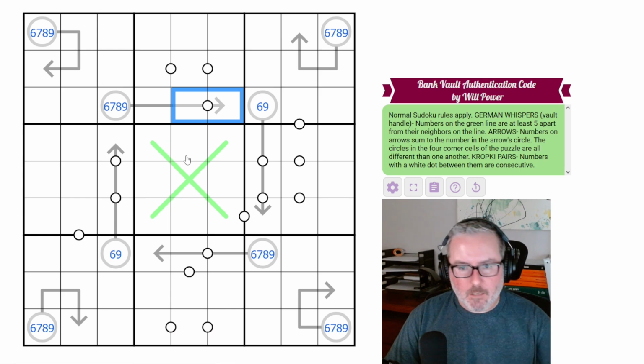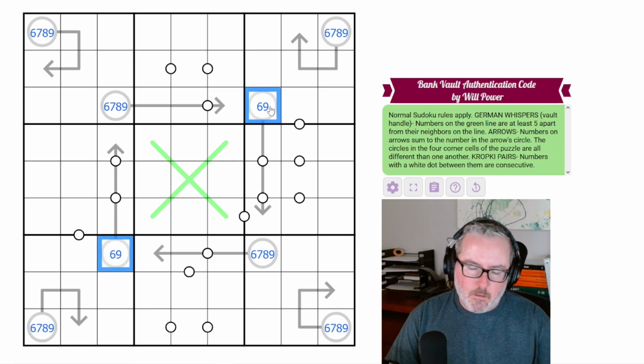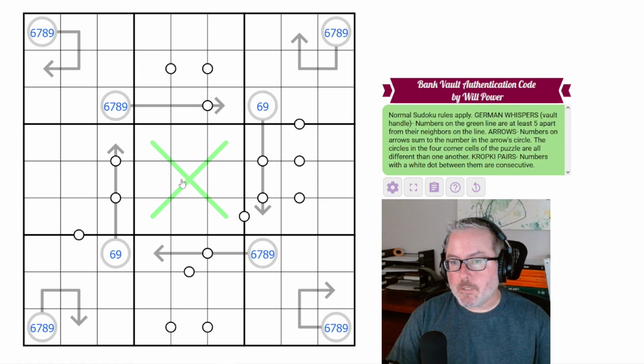So we may be able to differentiate what these can be. Let's think about that for a second. And we don't necessarily know as well whether these are 2 different digits or the same digit, because they very well could be the same digit.